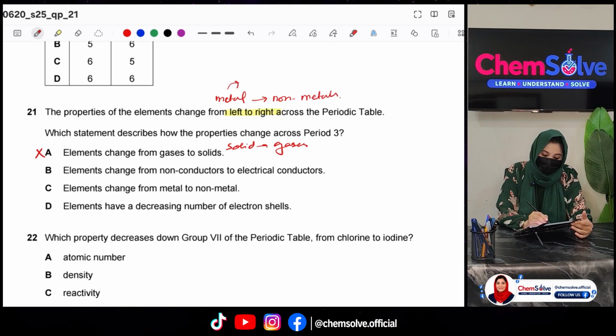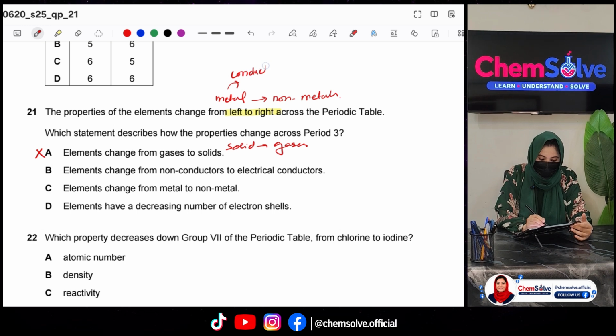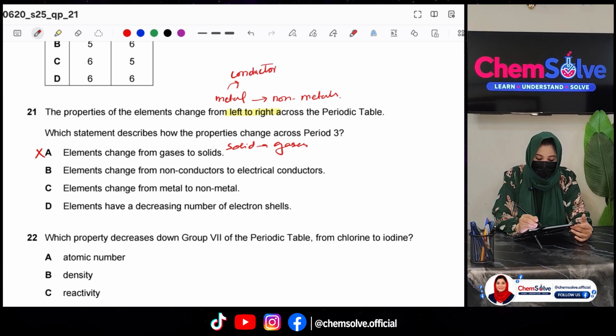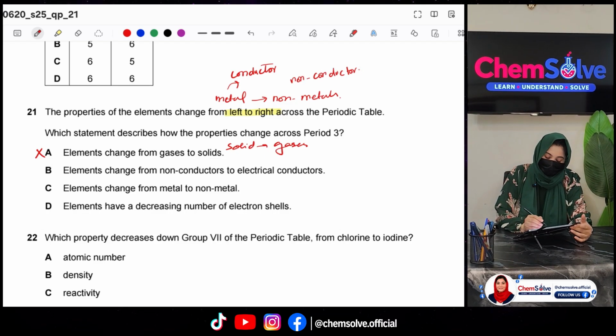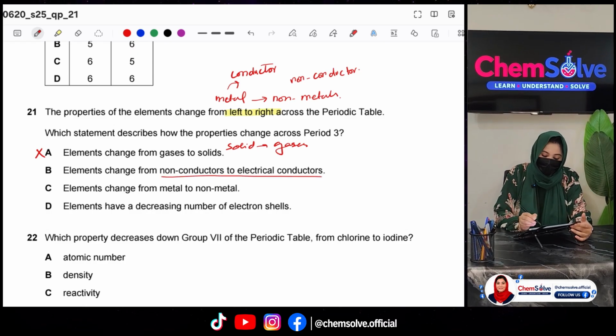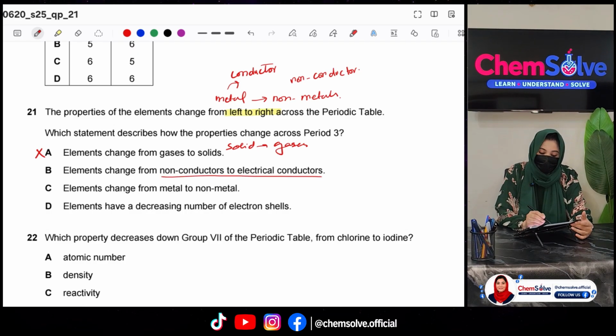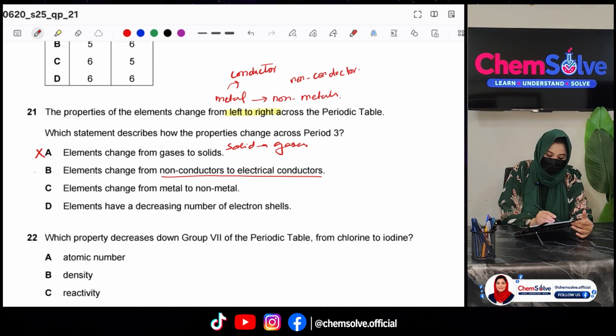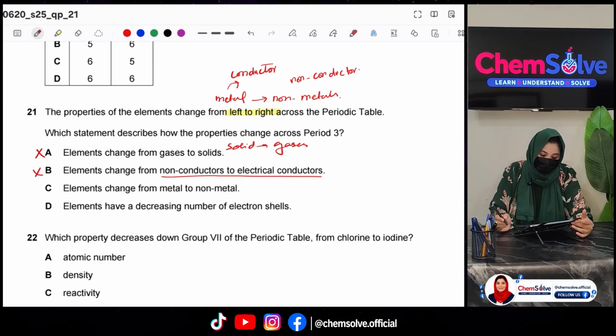And metals are conductor, while non-metals are non-conductor. So it says it changes from non-conductor to electrical conductor. Of course not, it changes from conductor to non-conductor instead. So this statement is also wrong.